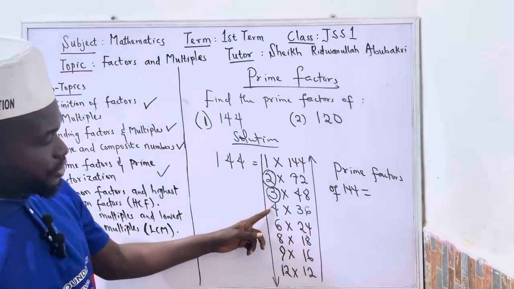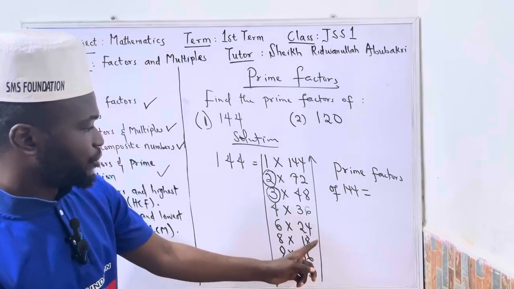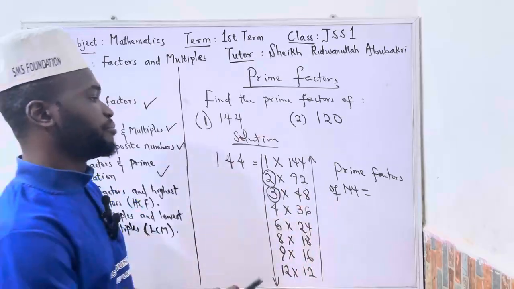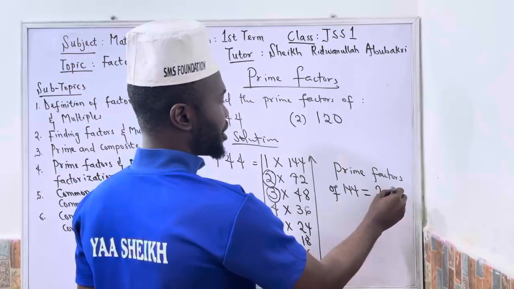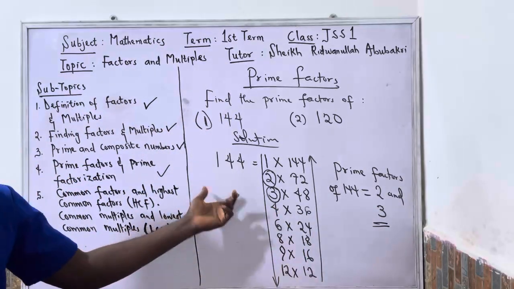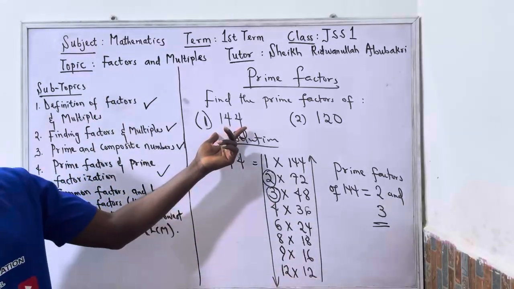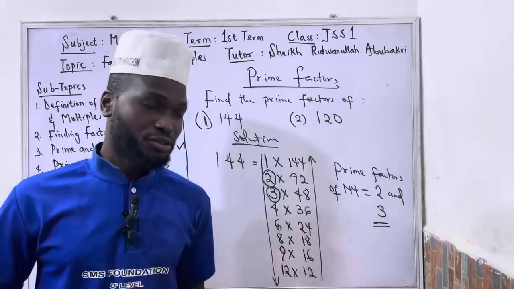Is there any other one? Look down, then come to this side and look up. So that means only 2 and 3 are the prime factors of 144. It's as simple as that. They may give you big number like this, and they may give you small numbers.